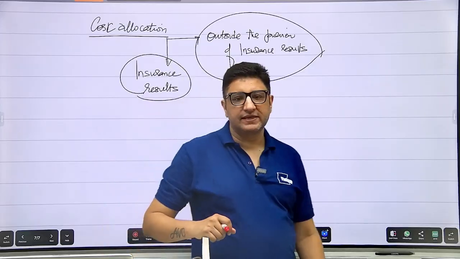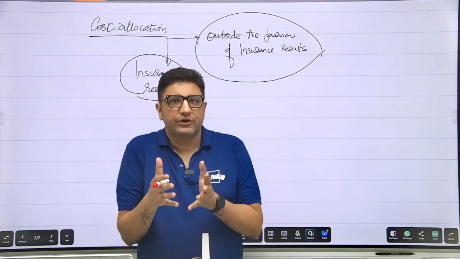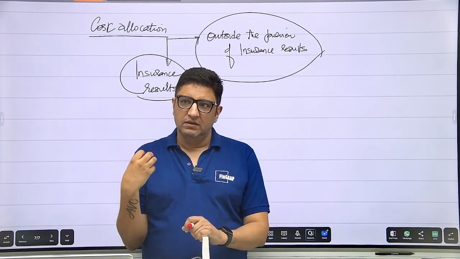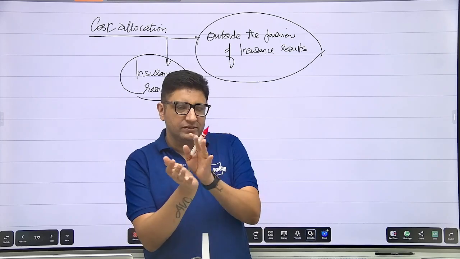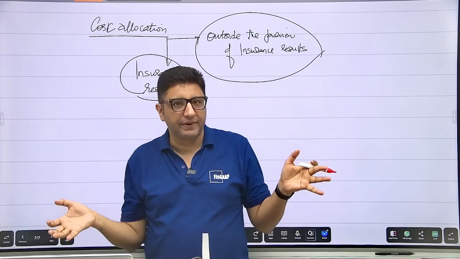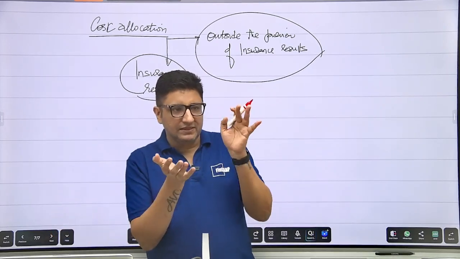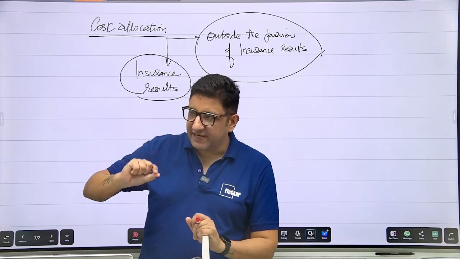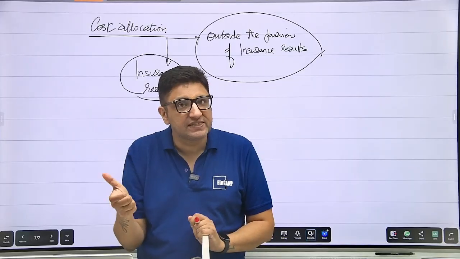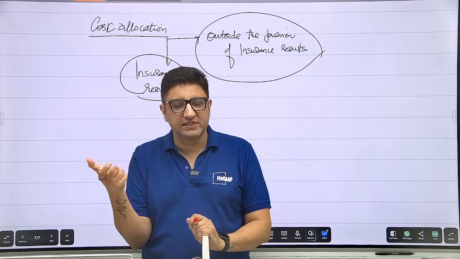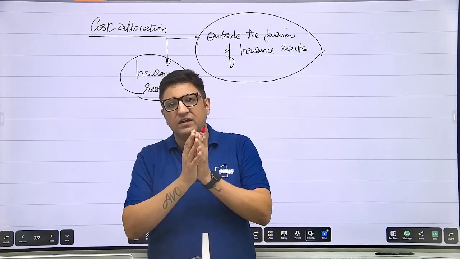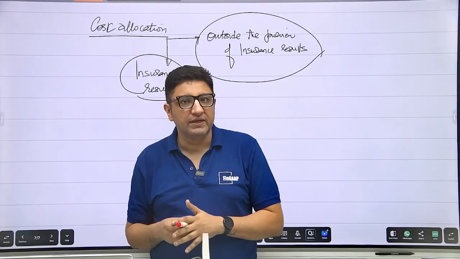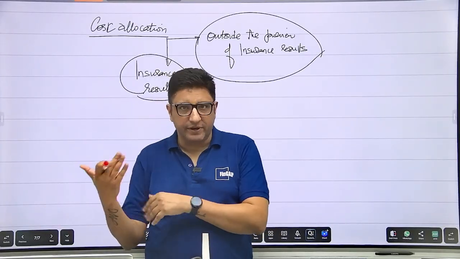It actually means that for an insurance company there is a small P&L within the overall P&L. Okay, so there is an income statement as a part of the overall income statement, which reflects how the insurance business has fared, and then the overall performance of the company per se, the insurance company, right?